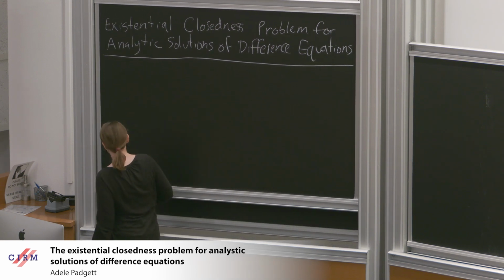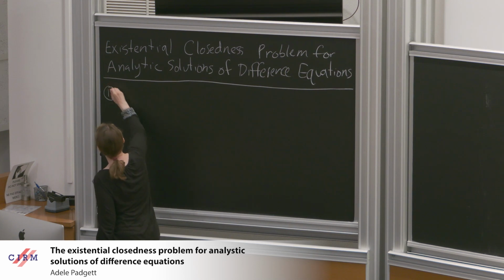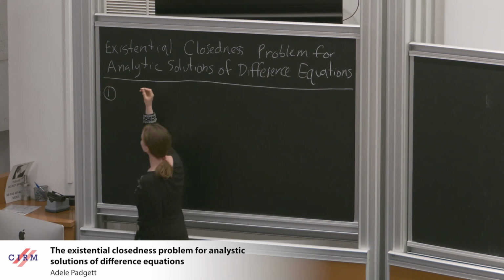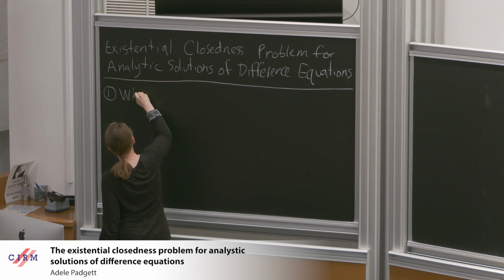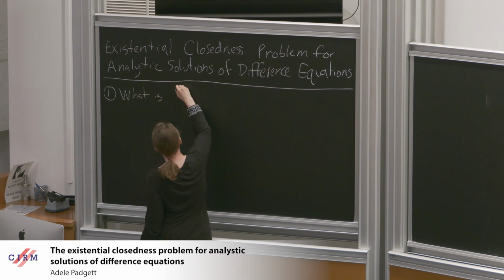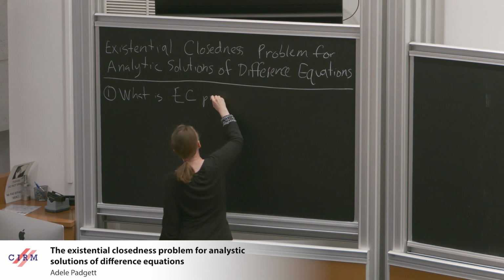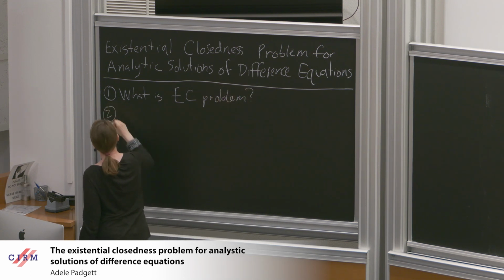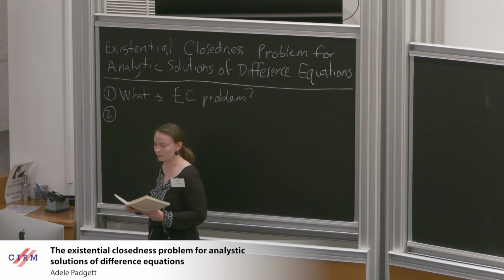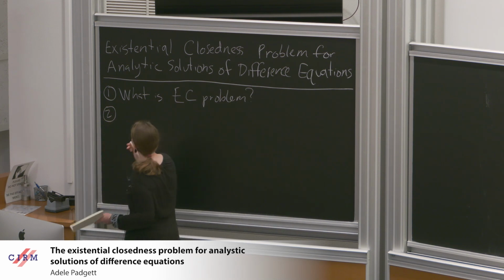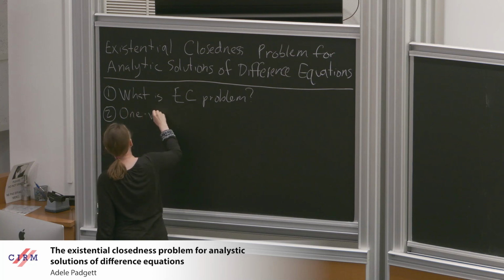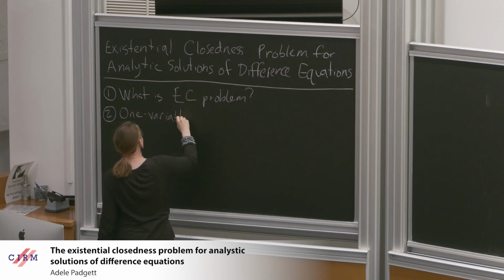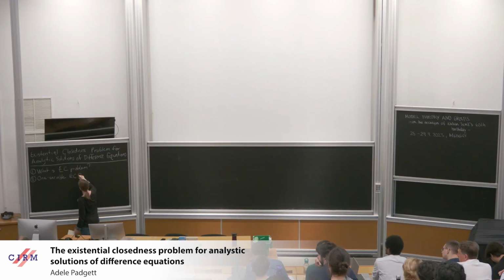So my plan is to begin by explaining what this problem is. And then I'll talk about a one-variable existential closedness result, mainly for the gamma function.